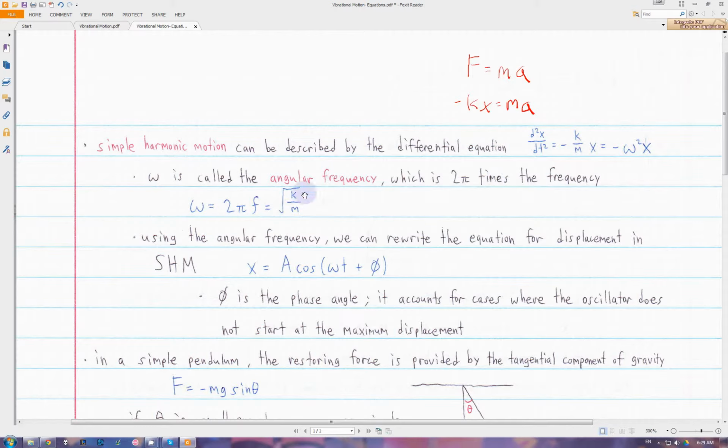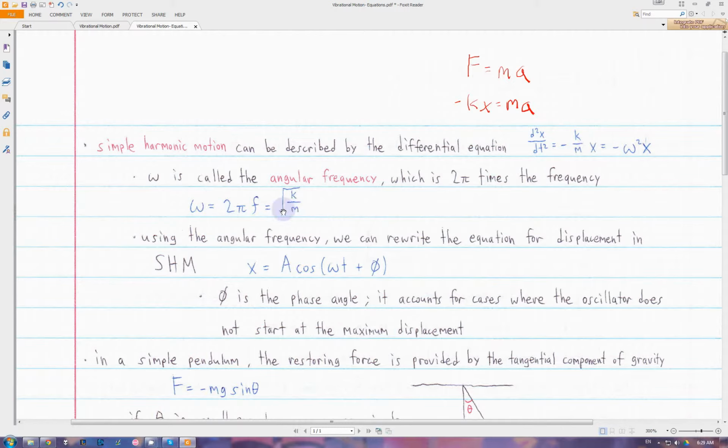And so you can see here, we can replace the k over m with the angular frequency omega squared. And so then omega is equal to 2 pi times the frequency, or the square root of k over m, where k is the force constant and m is the mass of the object.